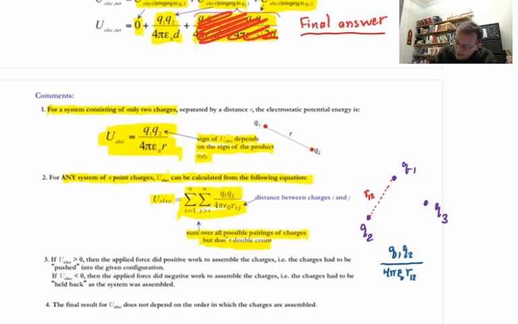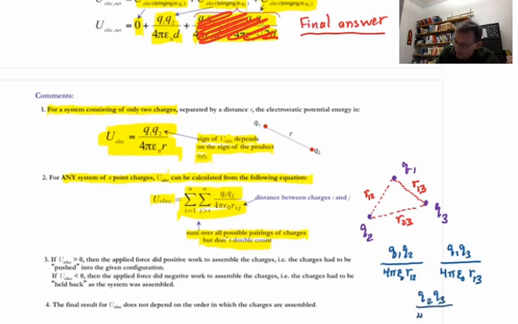Then another pairing is Q1 and Q3 with some distance R13, and the contribution from that pair is Q1 Q3 over 4 pi epsilon 0 R13. Then there's one other distinct pair in this case, 2 and 3 with some distance R23, and the contribution to the potential energy there is Q2 Q3 over 4 pi epsilon 0 R23.